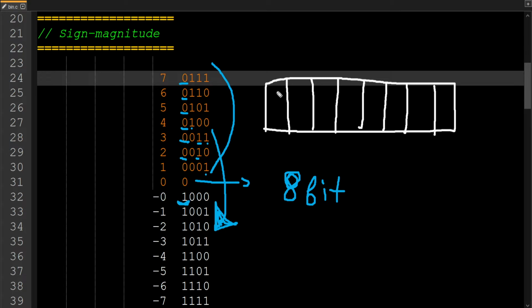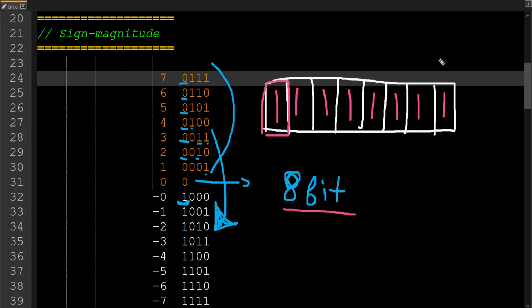What we will do, first of all, is add the sign bit. So this is the sign bit. Then we want to write the biggest possible negative number for 8 bits. So if we put all ones here.